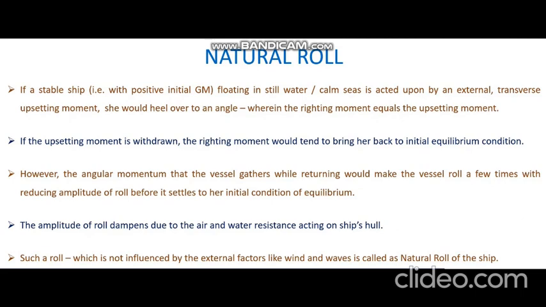If the ship is subject to roll based on its own inherent properties or stability criteria, not influenced by wind or wave, such rolling is called the natural rolling, and the period of such roll is called the natural period of roll. Is that clear, guys? Clear, sir.